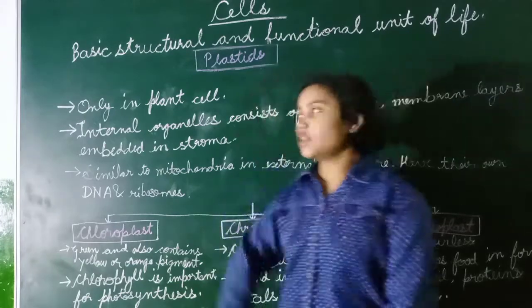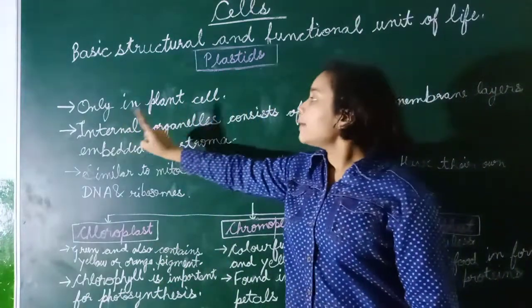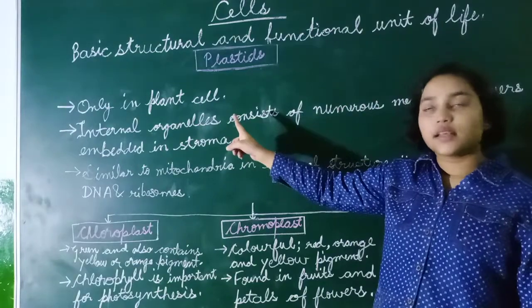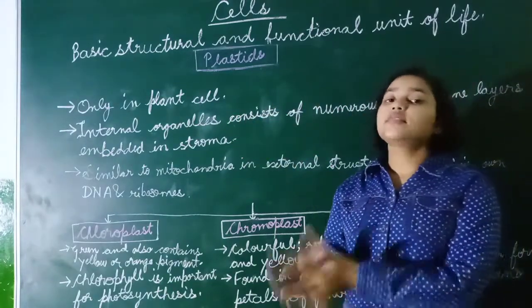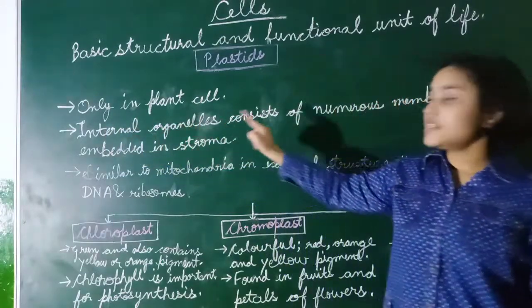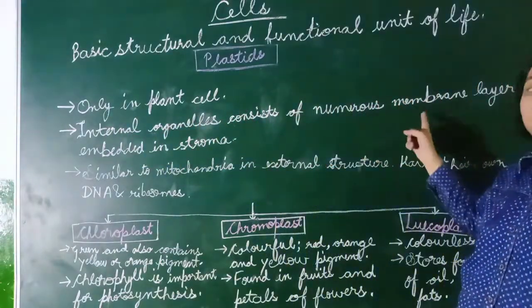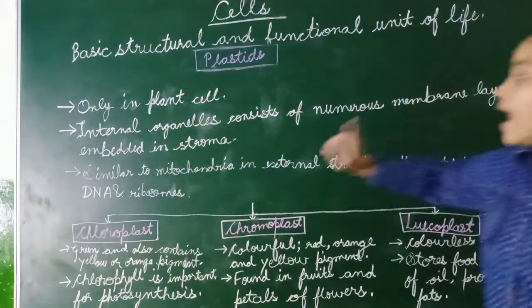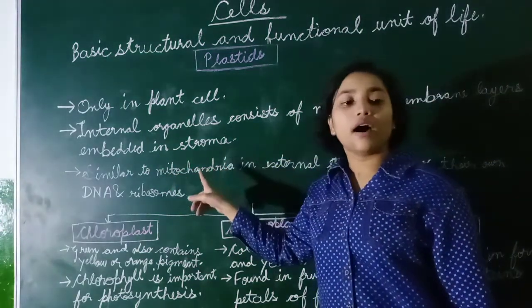Now we will come to the plastids, which are only present in plant cells. Internal organelles consist of numerous membrane layers embedded in the stroma.